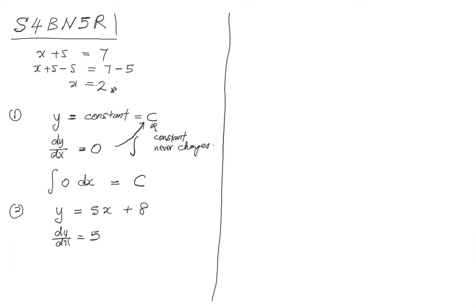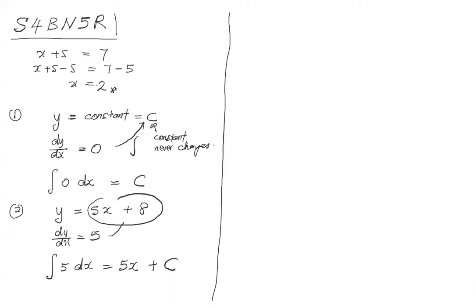So now, if I integrate 5 with respect to x, what will I get back? I'll get back this whole thing in this situation. All right? So we won't write plus 8. We will write 5x plus c, the constant. Because 5 is 5 plus 0.